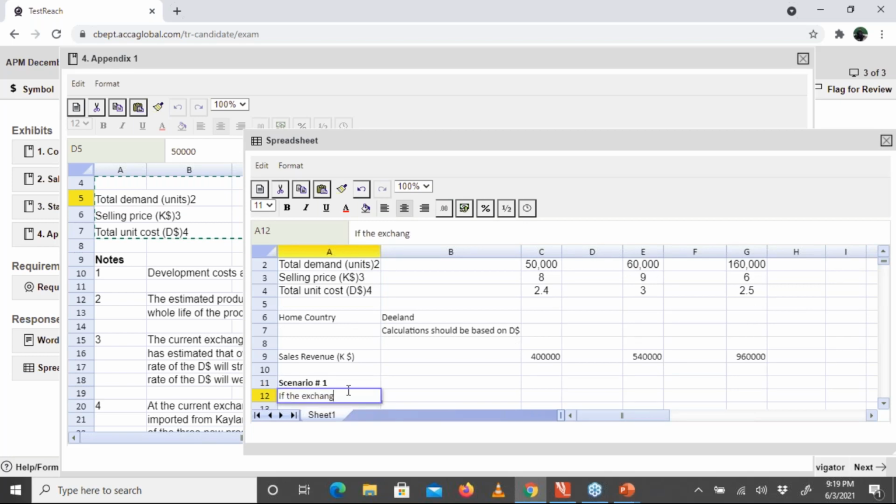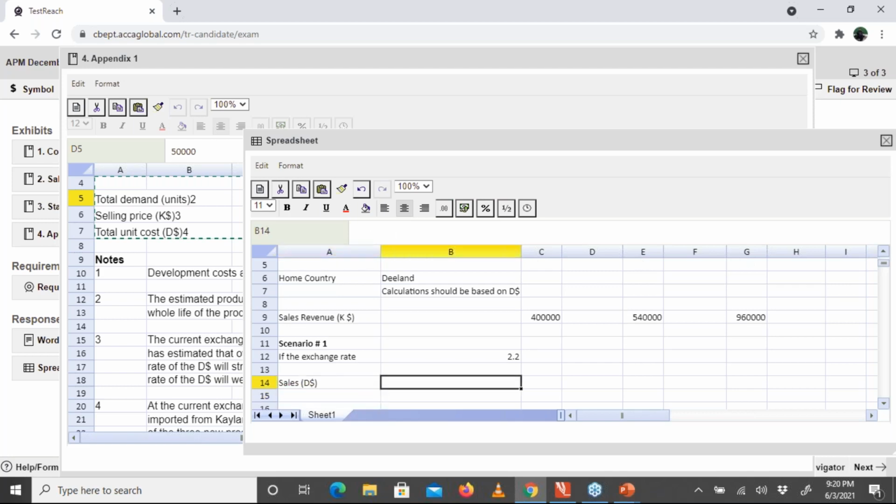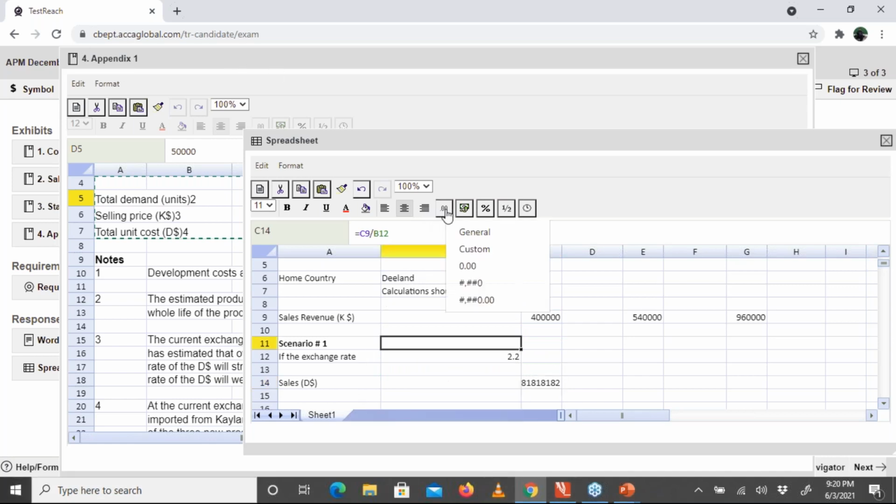If the exchange rate is 2.2, what exactly is going to happen is that you would have your sales in terms of D-land dollars, because we are based in D-land, and this is going to be this divided by this.